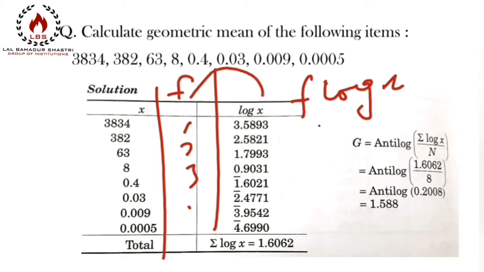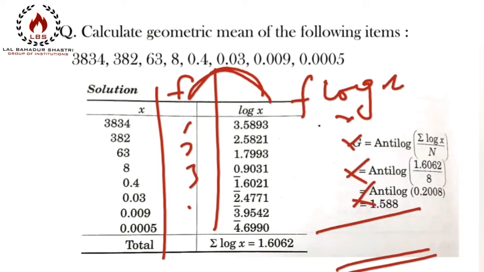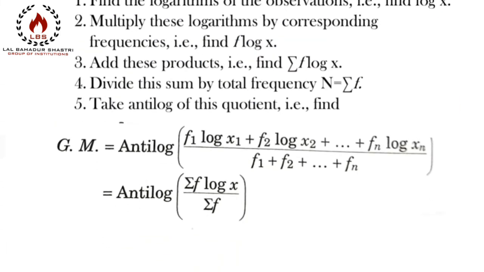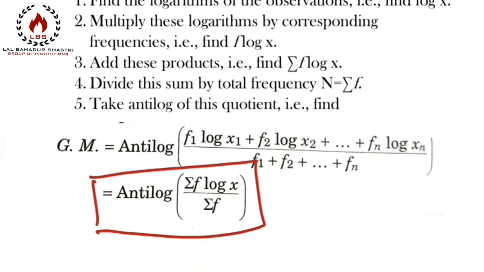We write these values here, and then add them. In the denominator it is sigma f, right? So this is the formula for finding geometric mean in case of discrete series: anti-log of the bracket sigma f log x divided by sigma f, or you can also write n.